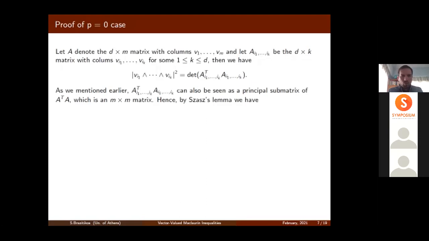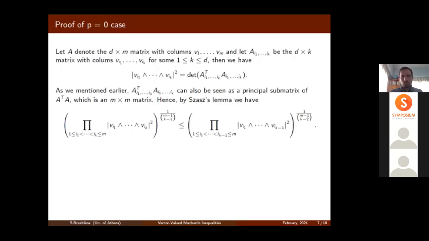And now we observe also, like before, that the matrix with columns v_i1 up to v_ik transposed times this matrix again is a principal submatrix of A transpose A. So we can use the SAS lemma to get this inequality. We compare exactly here, the cardinality is k.